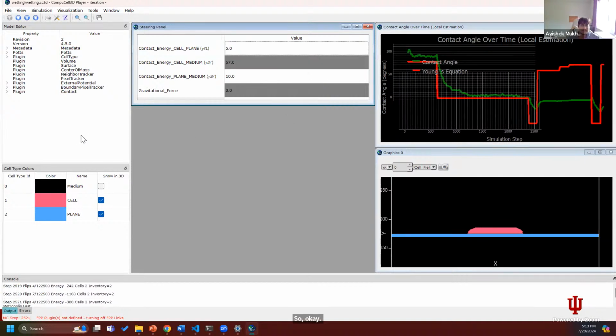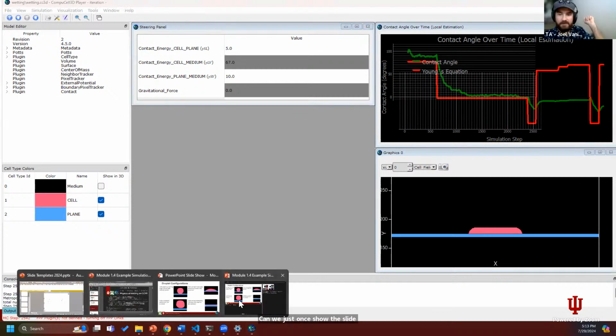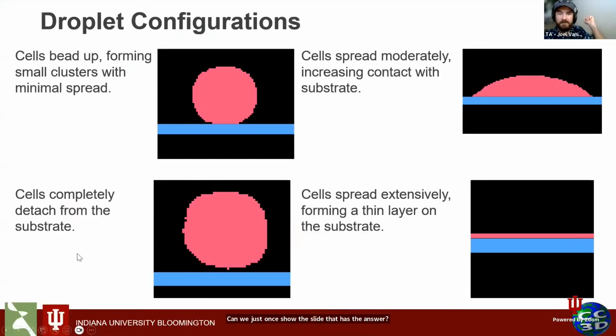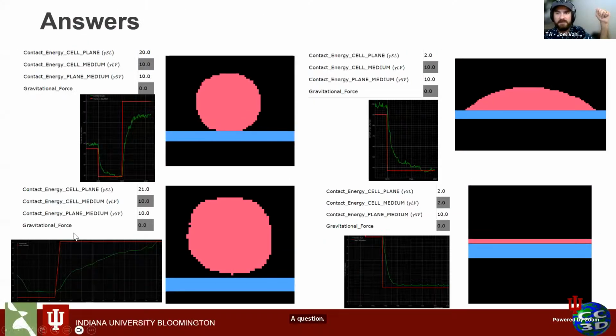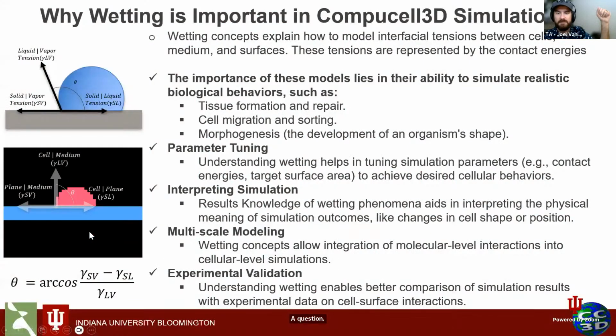Can we just once show the slide that has the Young's equation? Yes. So let me go back. So this is the angle calculated by the Young's equation.